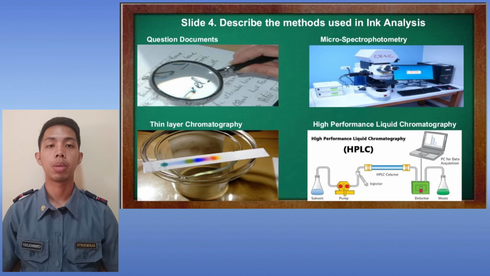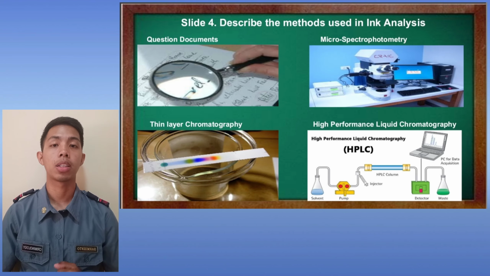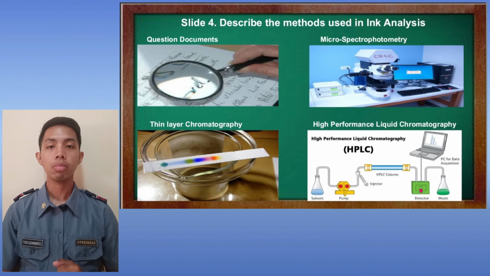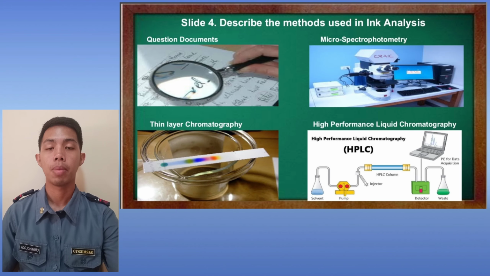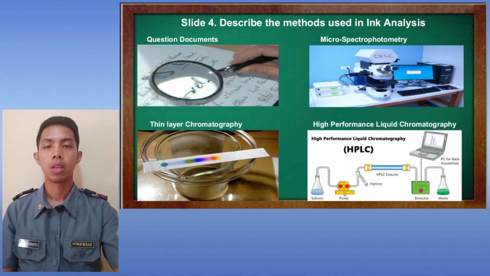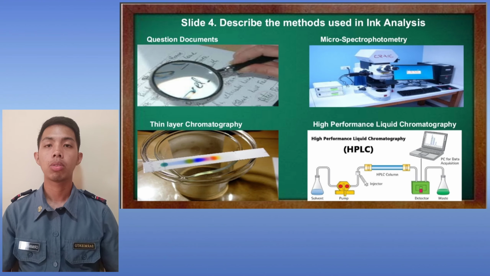The ink itself may be analyzed by non-destructive or destructive testing, depending on whether a sample needs to be taken from the document, a process that would alter it. It is preferable to try the non-destructive approach first, so that the document is left intact.